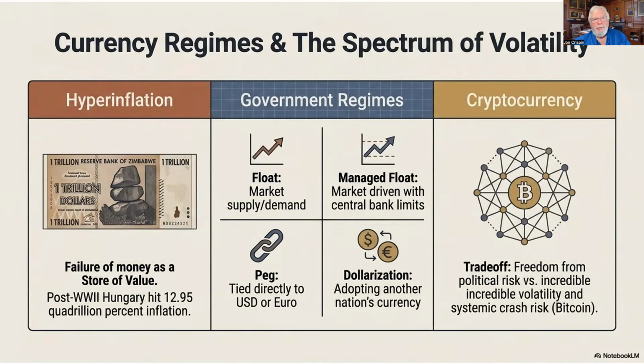So the spectrum of volatility: money is supposed to be a store of value, but as the example shows here in post-World War II Hungary, I can't believe this, but there it is, 12.95 quadrillion percent inflation. Germany experienced hyperinflation before World War II.